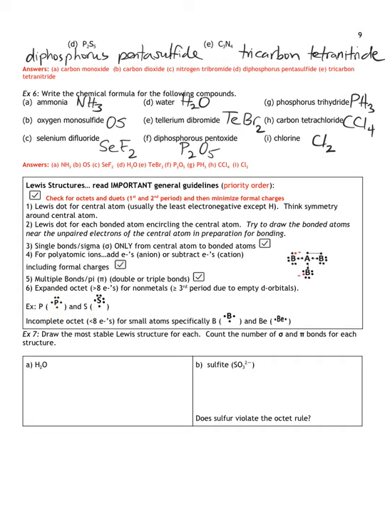Now, how do I know how much phosphorus and sulfur can expand its octet? Well, count how many valence electrons phosphorus has. Phosphorus has 5. Each time you share, you're sharing with one electron of the adjacent atom.